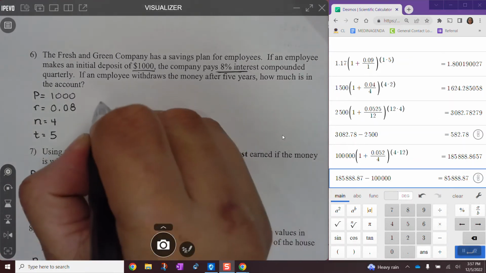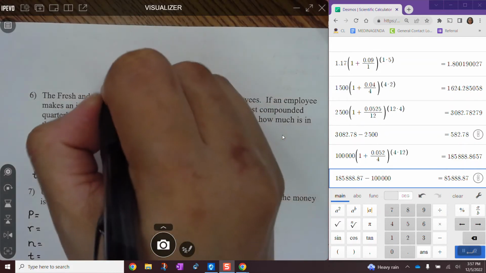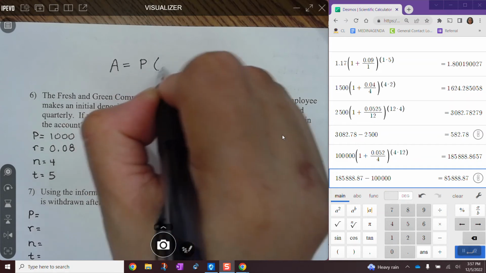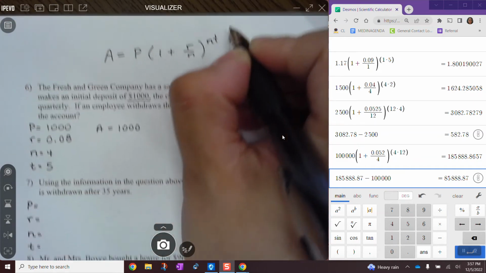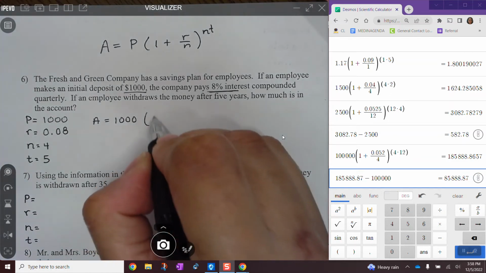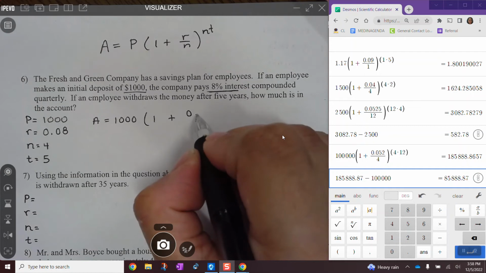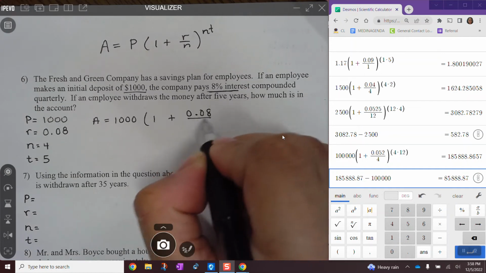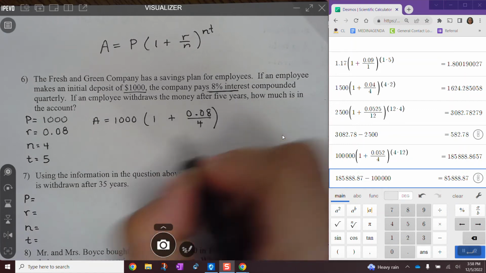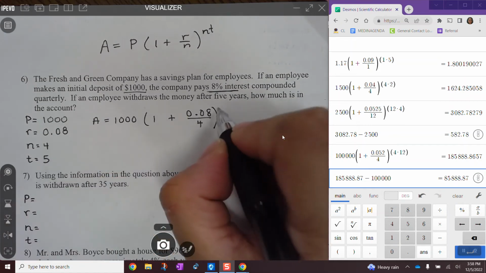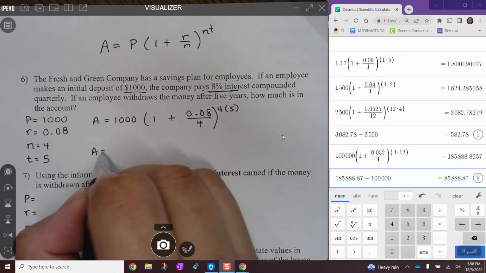Okay, so now we're using the formula. Remember the formula is 1,000 times (1 plus 0.08 over 4), and then 4 times 5. Now you see why I wrote them in this order? It makes it easier to do the formula.